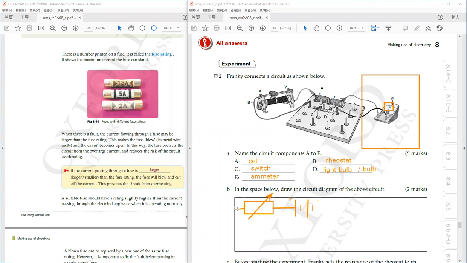So the next one you go through is a switch. From positive to rheostat, from rheostat to the switch. How does a switch look like? Switch looks like a circle here. And the next one is a light bulb.